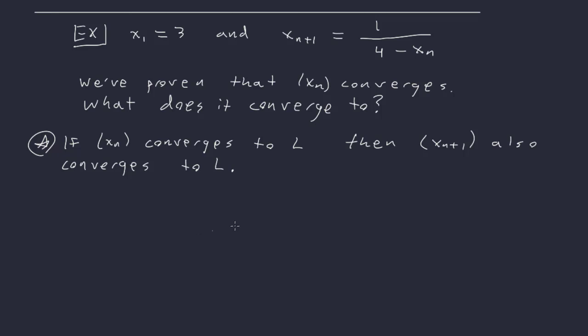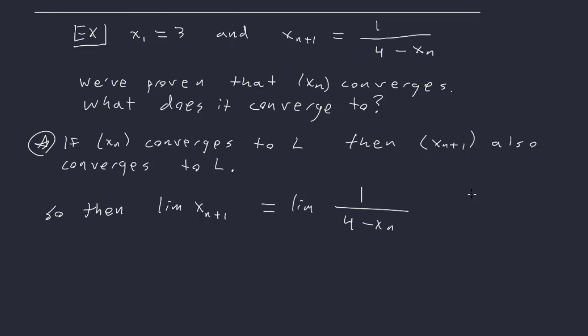So then, on top of that, since limits are unique, if this sequence is always equal to this sequence, then the limit of xn plus 1 will equal the limit of 1 over 4 minus xn.